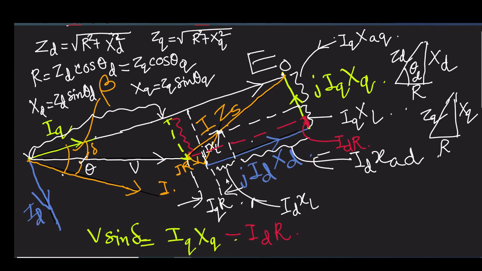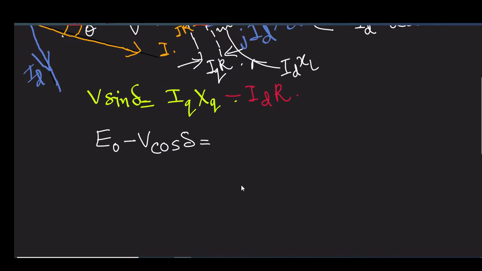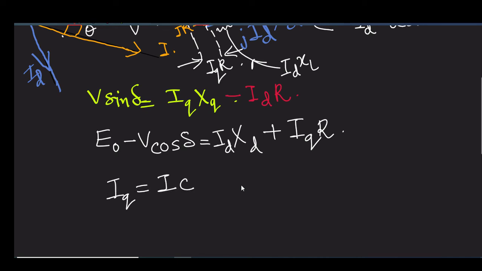This is equal to ID XD plus this IQ R, where IQ is equal to I cos beta, ID is equal to I sin beta.